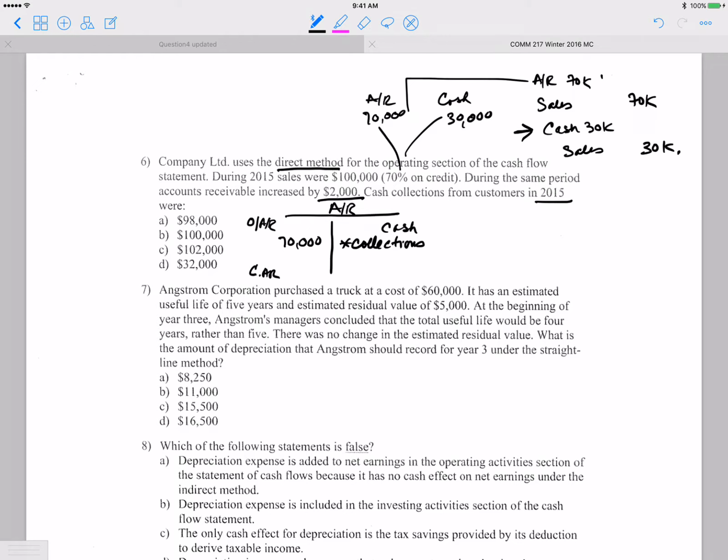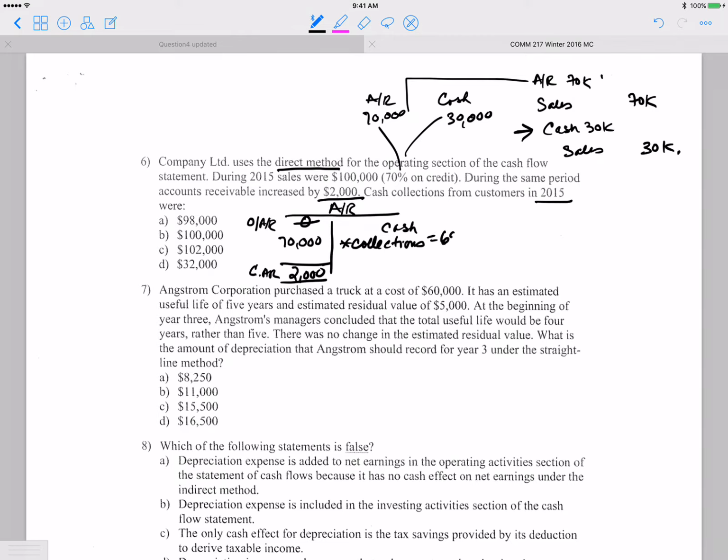So let's assume our opening AR balance was 0. If they're telling you that during the period the AR increased by 2,000, well, an increase of 2,000 in this little example would mean that the ending balance of the AR is 2,000. That means I can solve for my cash collections.